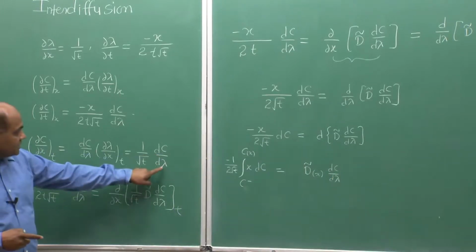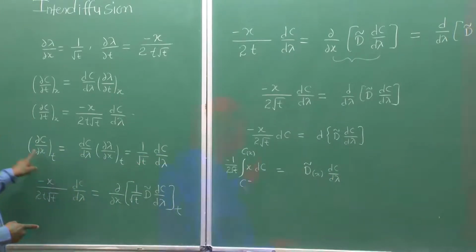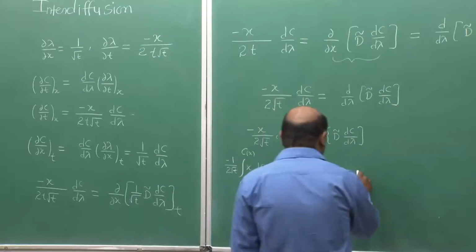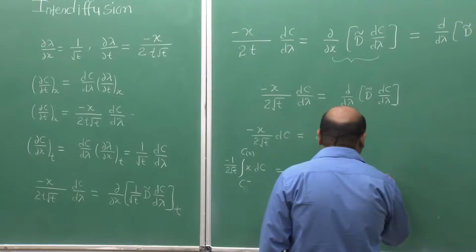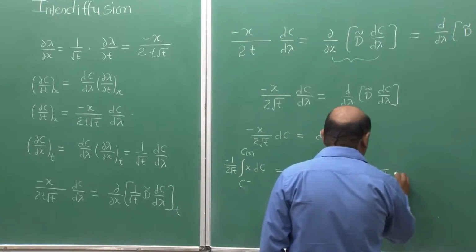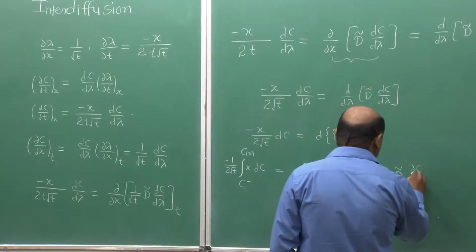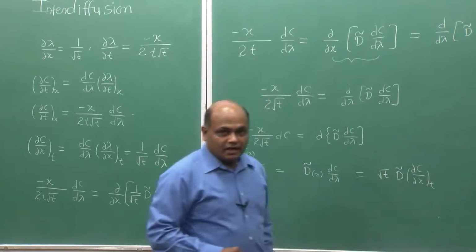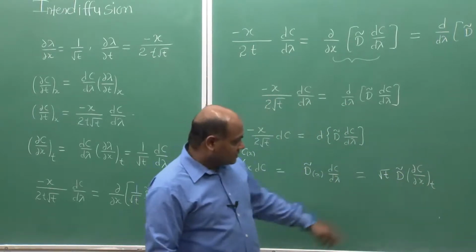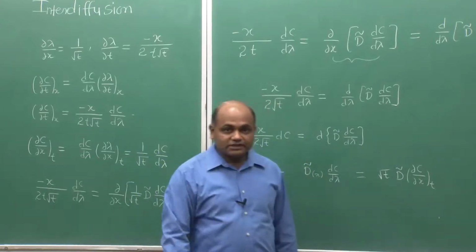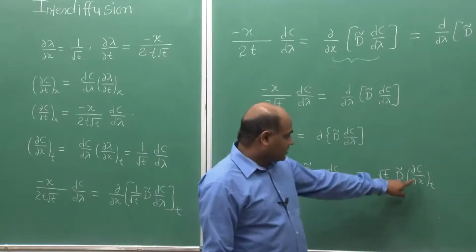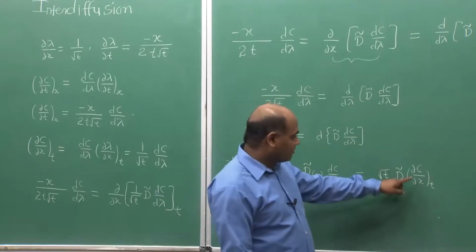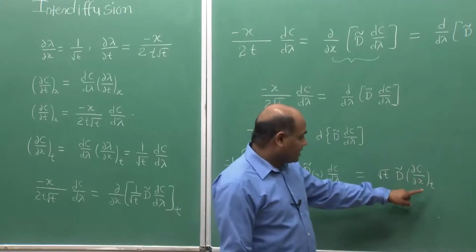So, from here dC/dλ is nothing but root t times ∂C/∂x at constant t. So, this should be equal to root t times D tilde times ∂C/∂x at given t, and since we are considering the composition profile after a fixed diffusion annealing time t, we can replace this with dC/dx, that is the derivative of concentration profile.